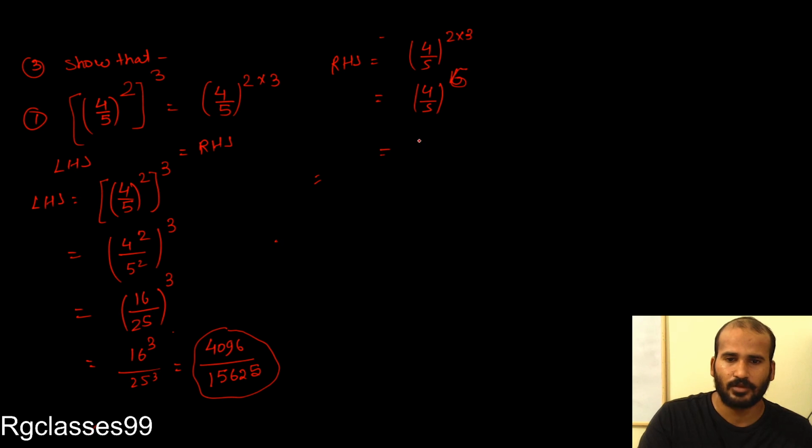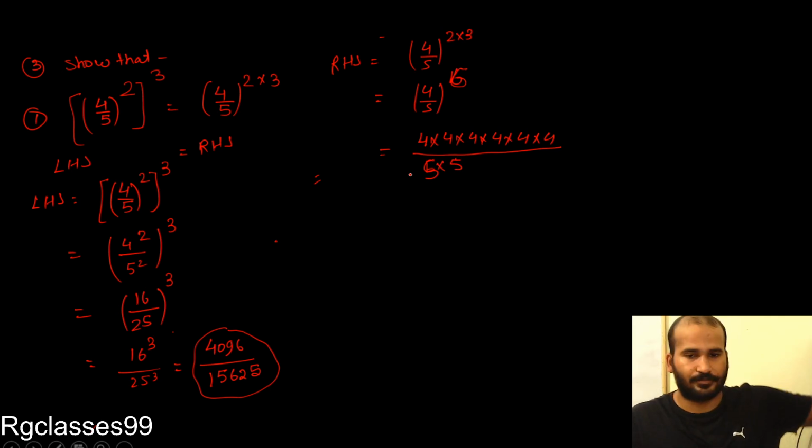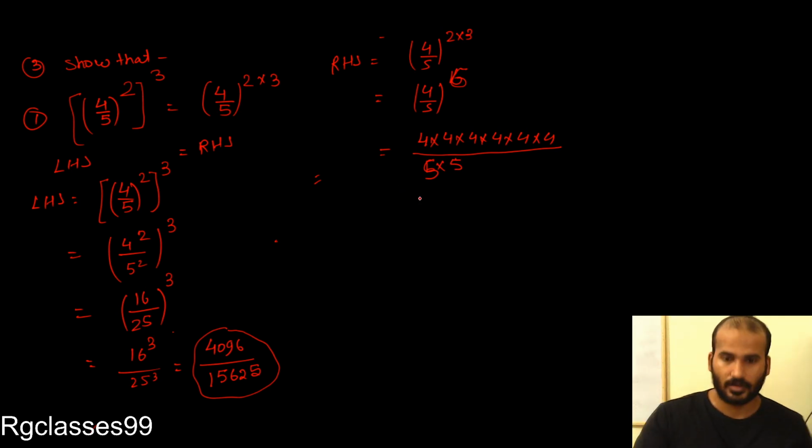Okay, so it means 4 into 4 into 4 into 4 into 4 into 4. How many times? 1 2 3 4 5 6, yes, 6 times. And now this is 5 into 5 into 5 into 5 into 5 into 5, 6 times.